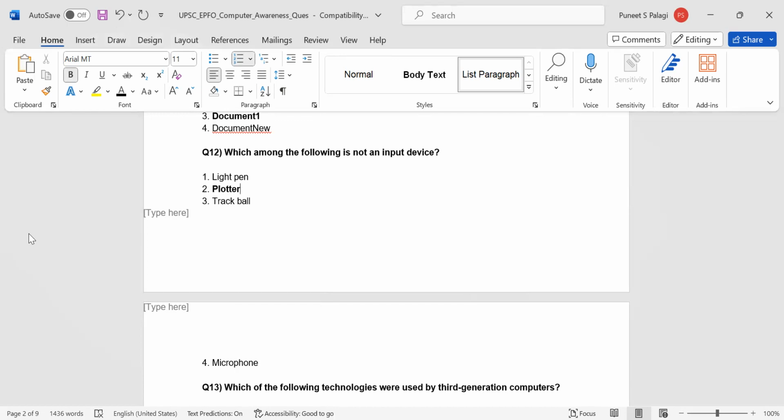But the plotter is an output device. It's like a printer. It interprets commands from a computer to make line drawings on paper with one or more automated pens. So this alone is not an input device, all right?